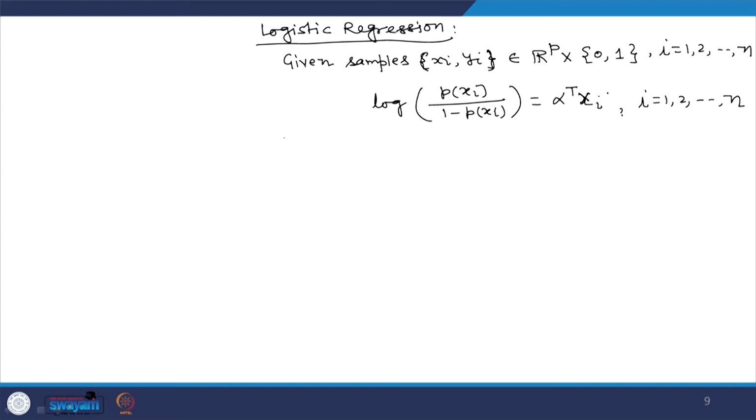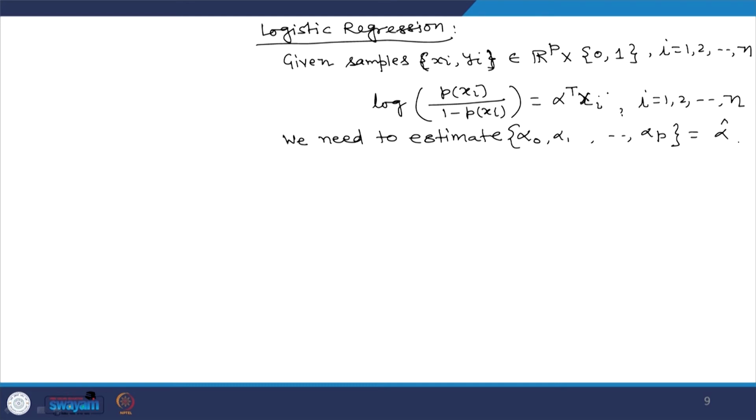Now, I need to estimate alpha naught, alpha 1 up to alpha p, all these coefficients. Let us say I define this set by alpha cap, this vector of coefficients.